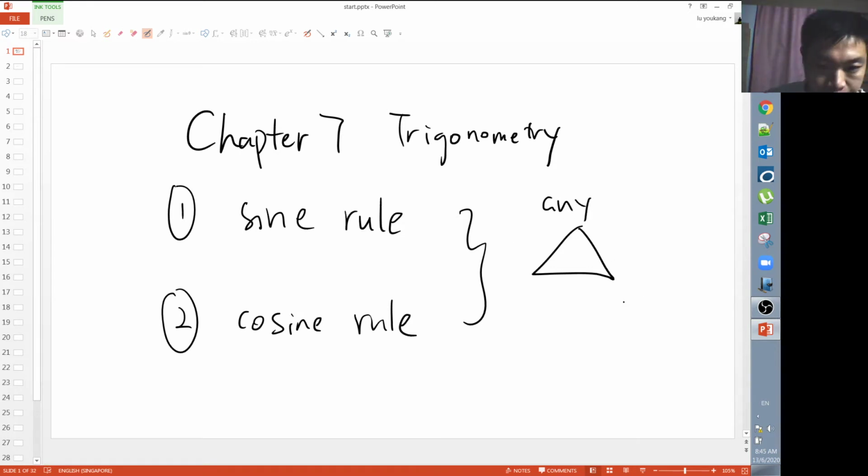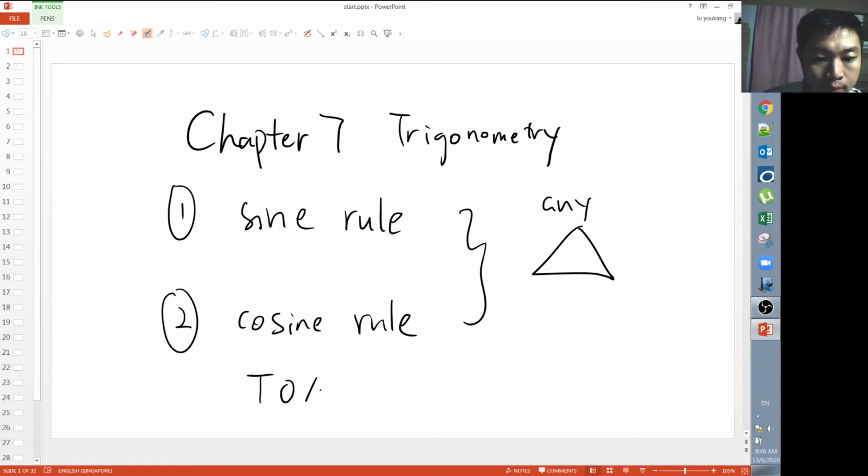These two rules are slightly different from the SOH-CAH-TOA we learned about in our previous video, right? So those SOH-CAH-TOA rules are good for right angle triangles. So let me just do a recap.